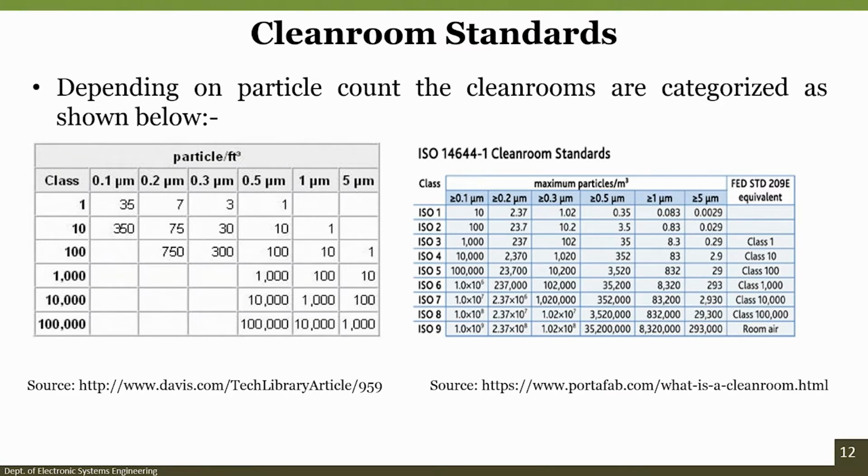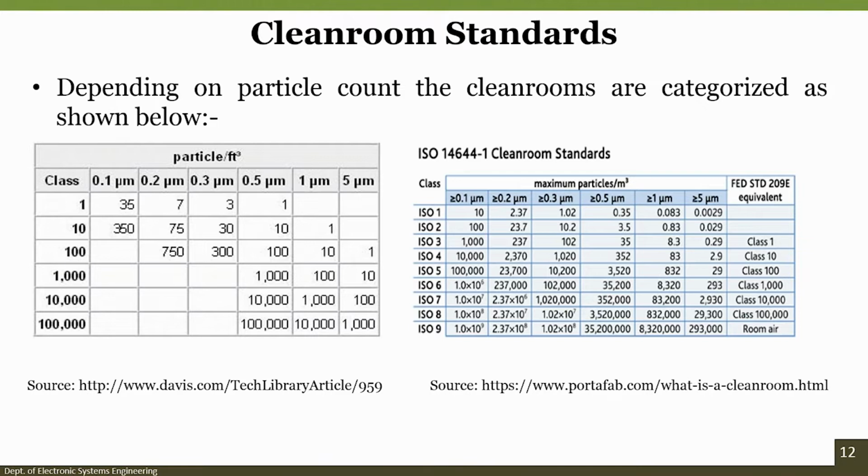Here you can see that depending on the particle count, the clean rooms are categorized as shown below. Generally it is categorized based on the particles per cubic feet, either 0.1 micron particles or 0.2, 0.3, 0.5, 1 and 5 micron particles.